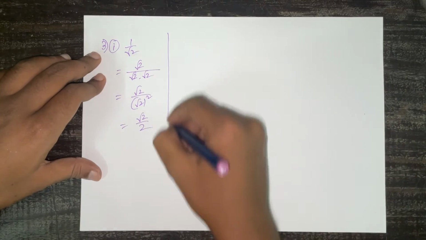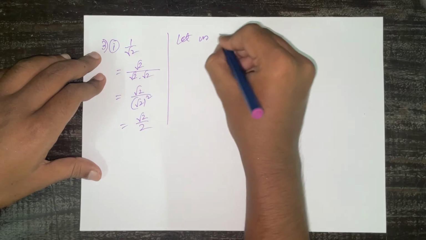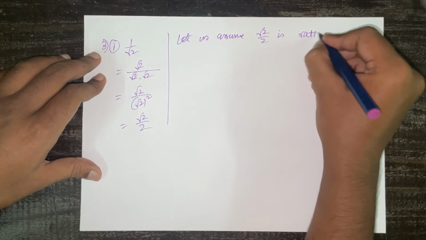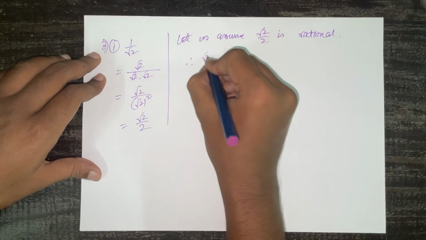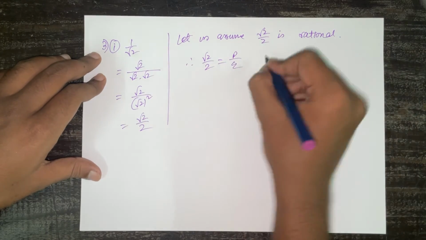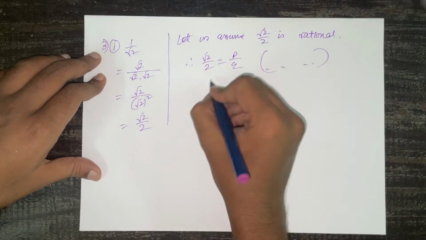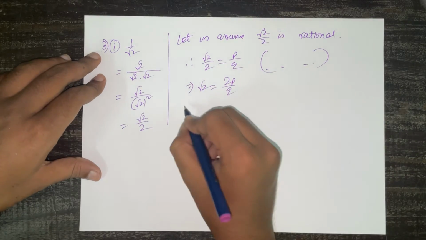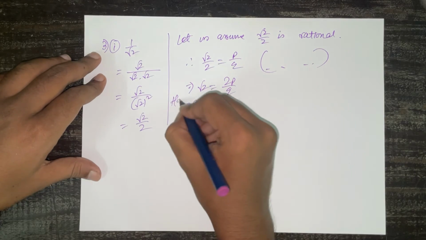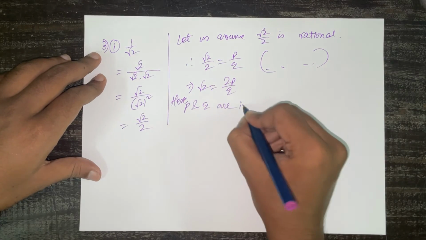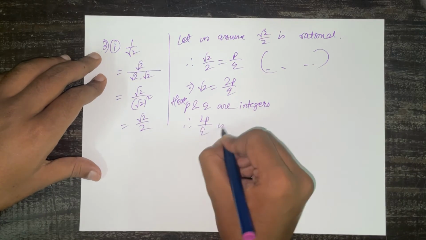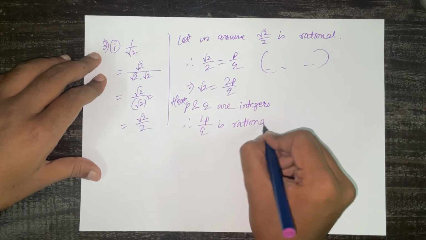Now we will continue in the same process. Let us assume root 2 by 2 is rational. Accordingly, root 2 by 2 is equal to p by q, so root 2 is equal to 2p by q. Here p and q are integers. Therefore, 2p by q is rational. Same process.